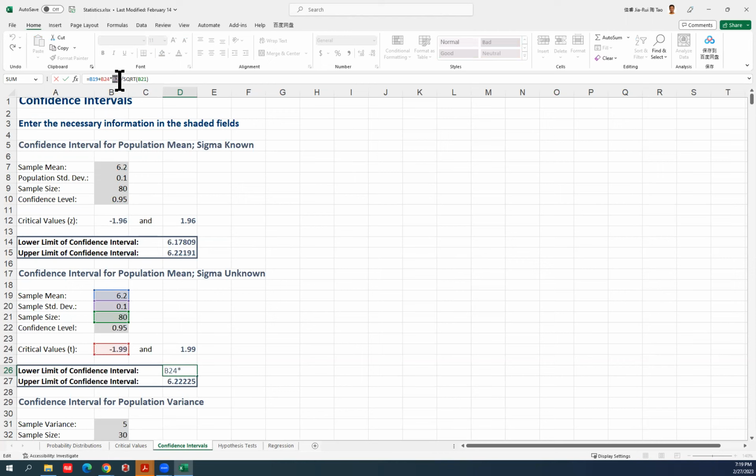We also have B20, that's the sample standard deviation, as another multiplier. And we have the square root of sample size as the denominator. So all these 4 cells come into play when calculating the lower and upper limits of the confidence interval.